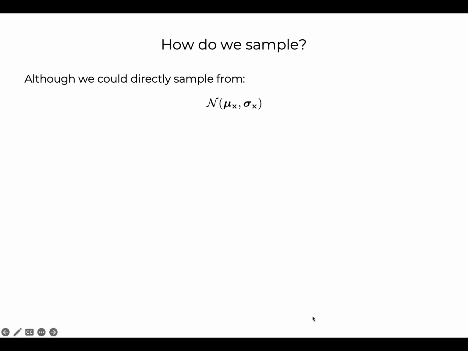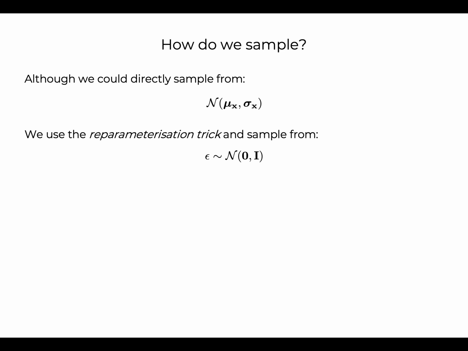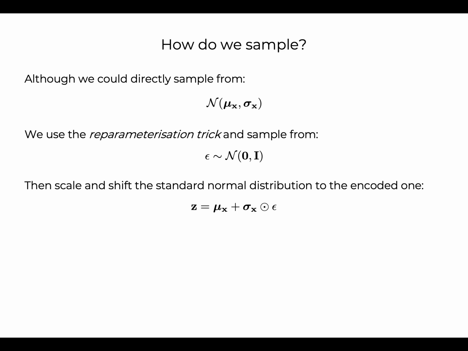So one final detail: how do we actually sample from the encoded normal distribution? Well, we could do it by sampling directly from the encoded distribution, but in practice what we do is something called the reparameterization trick. First we sample epsilon, some noise, from a standard normal distribution, and then we scale and shift the standard normal distribution to the encoded one.